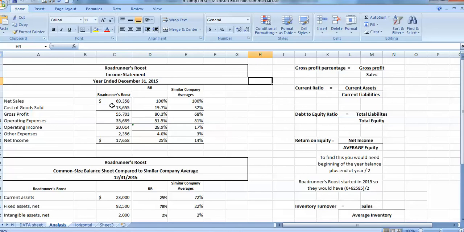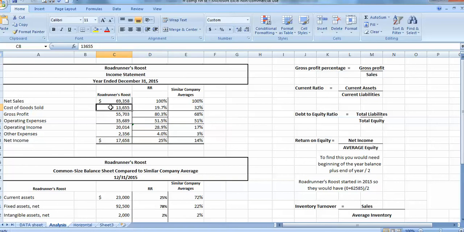In the case of Roadrunners Roost, what we're going to be looking at is converting everything as a percentage of sales. Sales will be 100%. 69,358 will be 100%. Then we're going to take every other number and divide it into sales.